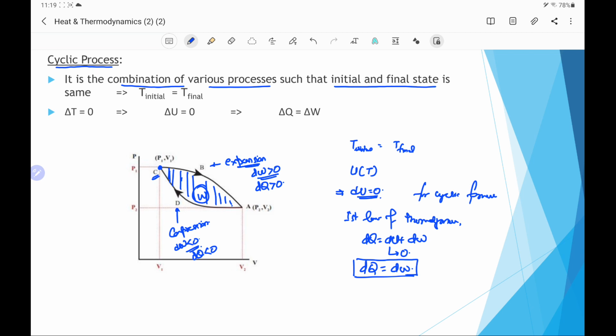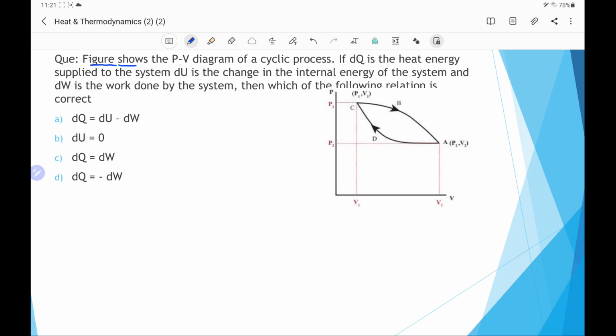Let's take one of the example. The question shows, figure shows PV diagram of a cyclic process. If dq is the heat energy supplied to the system and du is the change in internal energy of the system and dw is the work done by the system, then which of the following relation is correct?